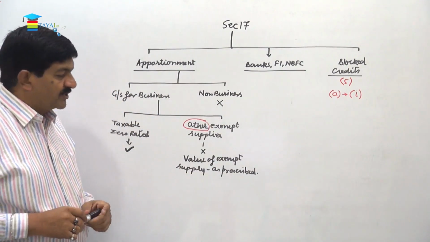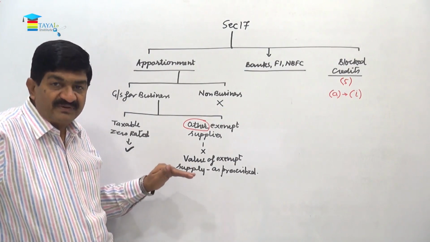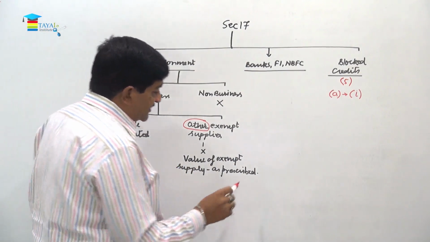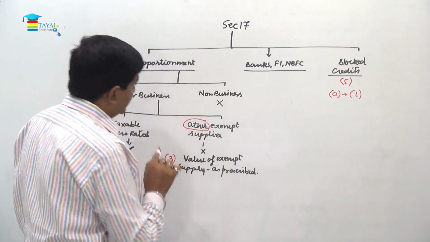So out of the total supplies, how to compute the value of exempt supply, that is going to be prescribed, right? And how it is going to be prescribed. So this is subsection 3. This portion is subsection 3.